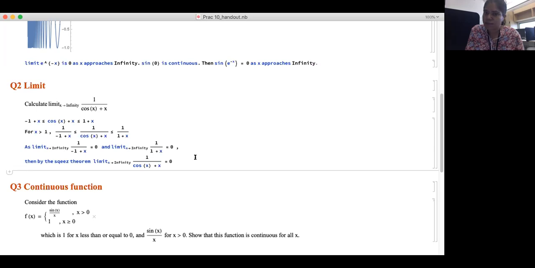Which step are you talking about? If x is negative, that means you would be multiplying by a negative number, so the inequality sign should change.